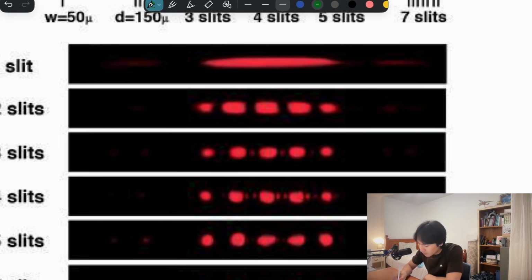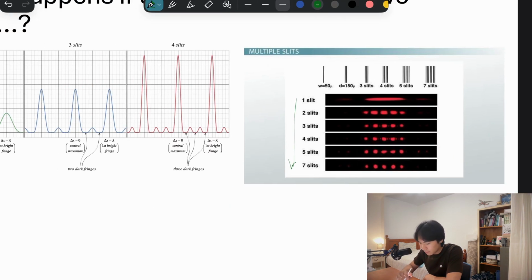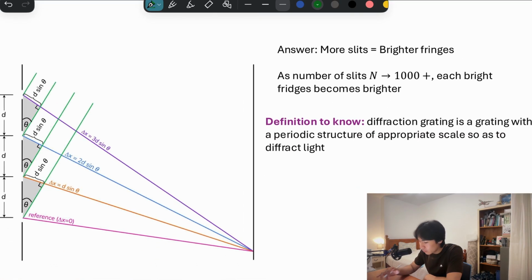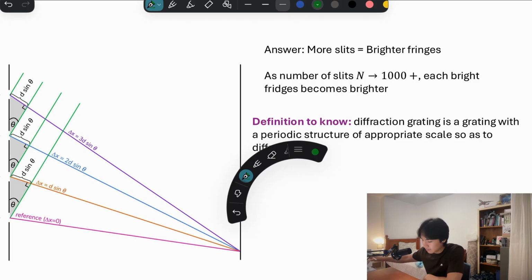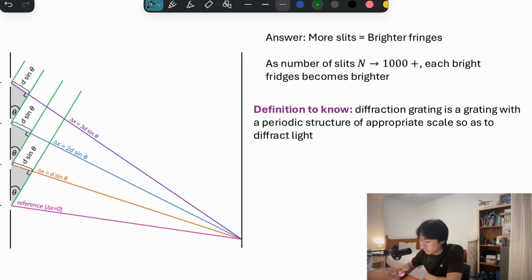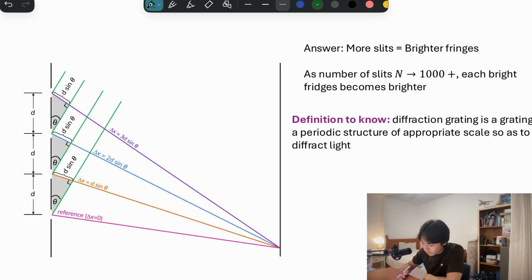Okay, you know that with 2 slits, this is what we said we'll observe, these bright fringes. But as there are more and more slits, as I said, there are going to be brighter and brighter spots. So why is this the case? Why is it that when there are more and more slits, the bright spots become brighter? If you think this through a bit, it might become very obvious.